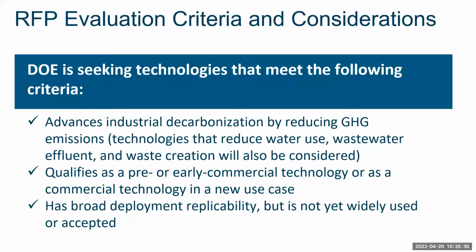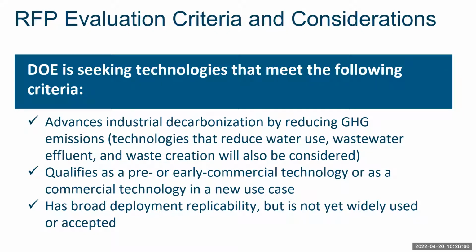Yeah, we talked about most of this already. There's some sort of binary questions up front that the application would have to pass. It has to be used in the industrial sector. It has to be an emerging innovative technology.